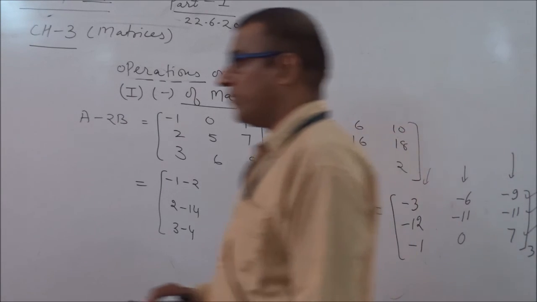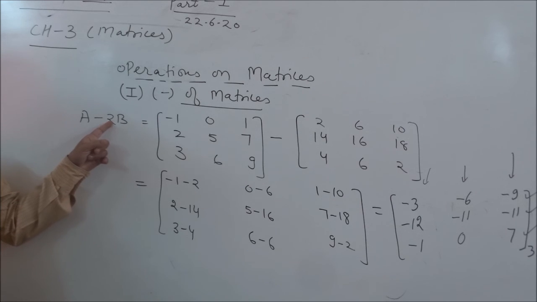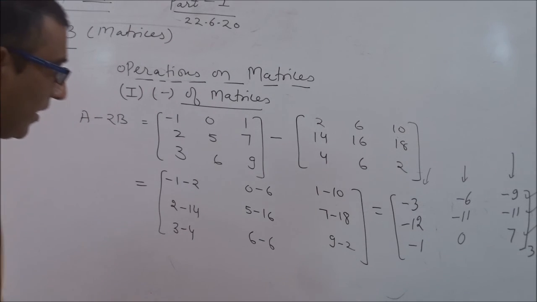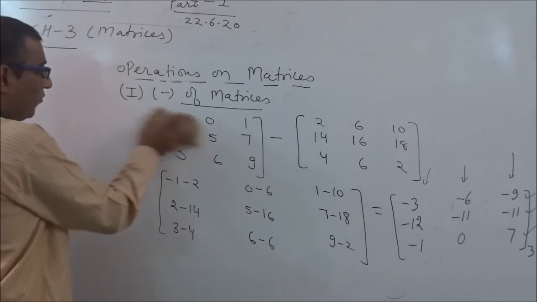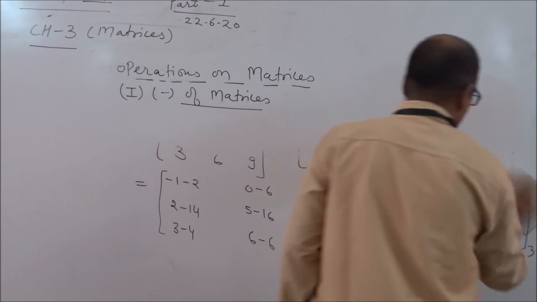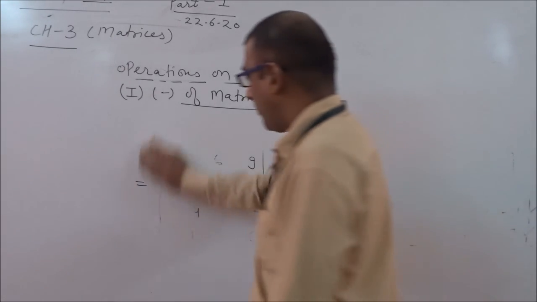So this is the concept of subtraction of matrices, in which you have to focus that this 2 will multiply by each element of matrix B. After getting 2B, you will go with A minus 2B. One more concept I want to add in subtraction of matrices. If the order is not the same, then subtraction of matrices is not possible.